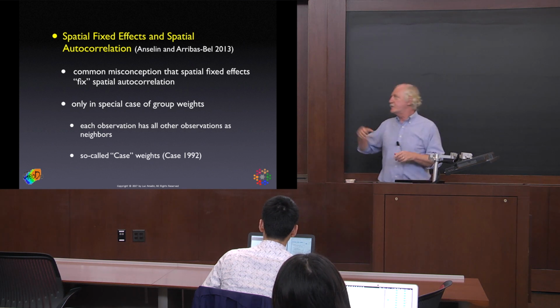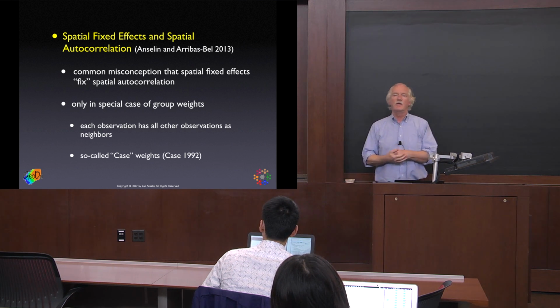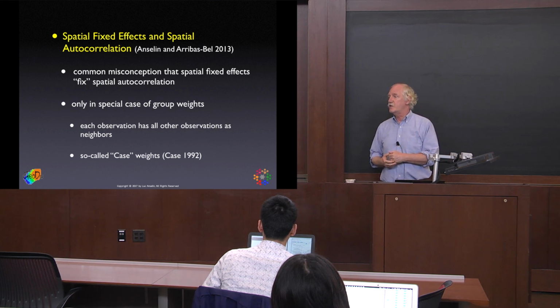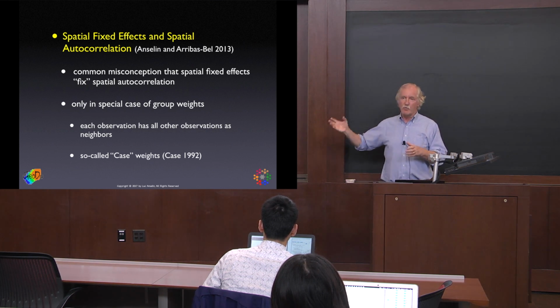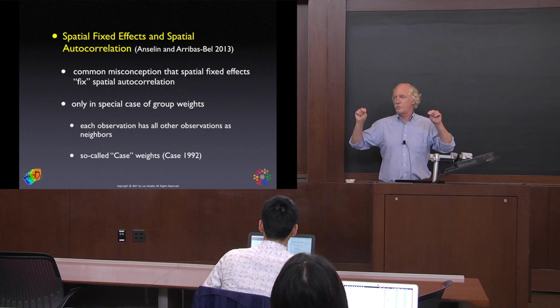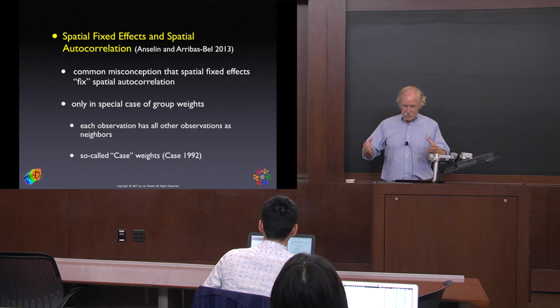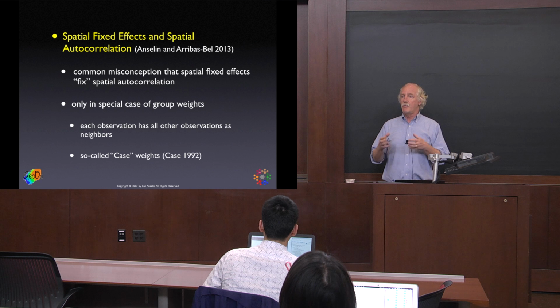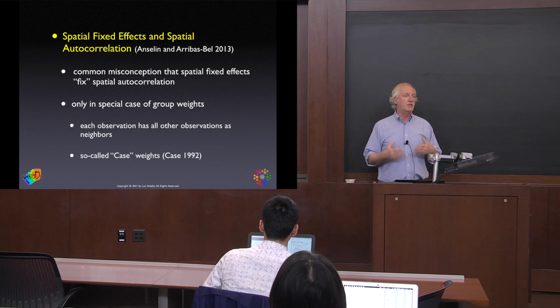The reason why this has so much traction in the literature is that in some cases where people actually do test for spatial autocorrelation, after introducing the spatial fixed effects, there is no more evidence of residual autocorrelation. So it has been fixed. This can be the case in specific situations, but is really an empirical matter rather than a general rule.